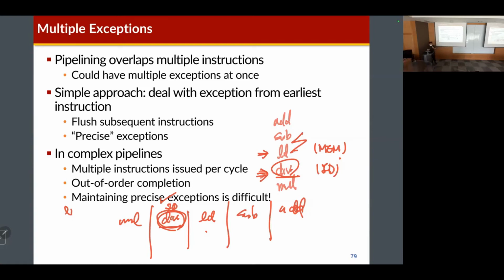So what should we do? We need to cancel the div and multiply here, and then these instructions should be maintained. Okay, so it's the same as the previous example. Also, div is cancelled, and then the SEPC and then SCAUSE are stored for the div instruction.